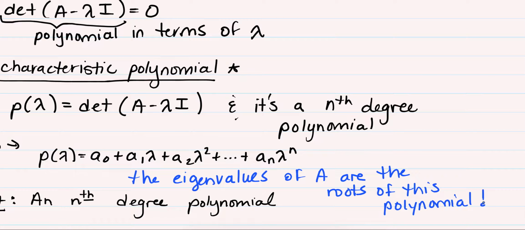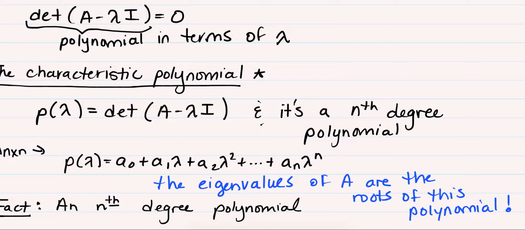Let's put an exclamation mark there. So if we want to find all the eigenvalues, we just need to take the determinant of the matrix A minus lambda I, where lambda is a variable in this case, set it equal to 0, and factor this polynomial, and we'll be able to find all the eigenvalues.